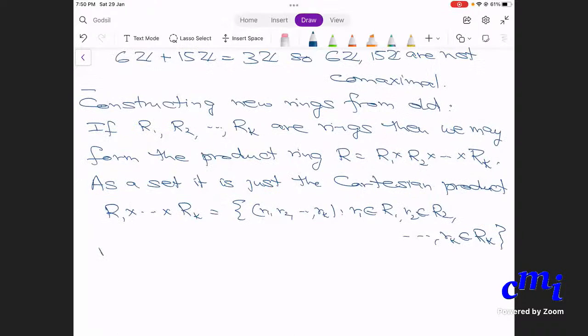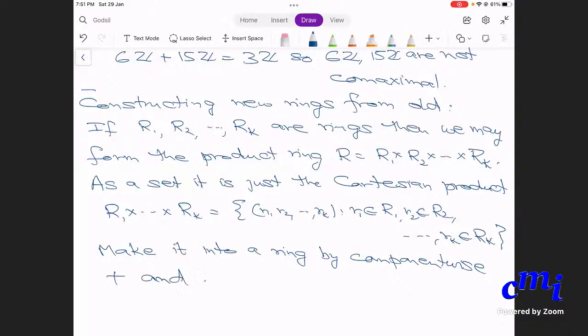And how do you make it into a ring? You make it into a ring by component-wise addition and multiplication, component-wise plus and dot.